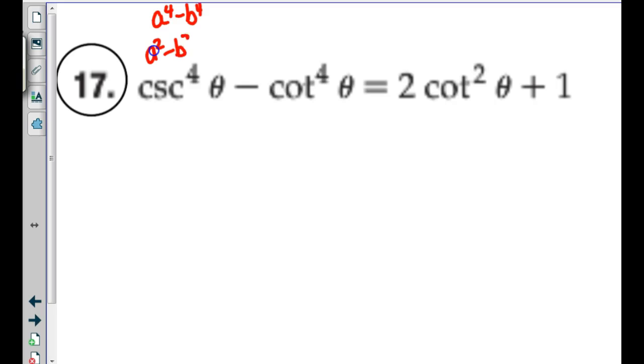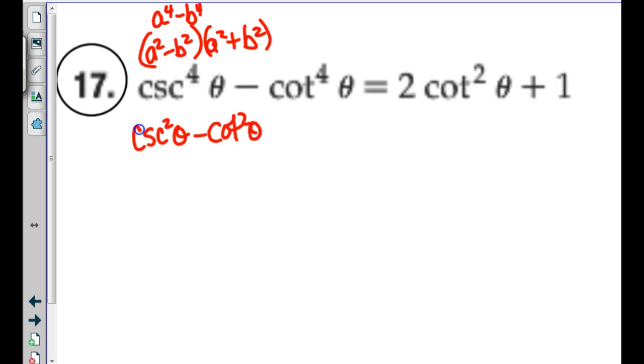A squared minus b squared times a squared plus b squared. Okay? So this one factors: cosecant squared minus cotangent squared times cosecant squared plus cotangent squared.